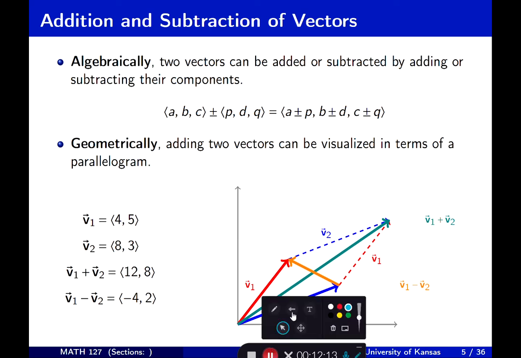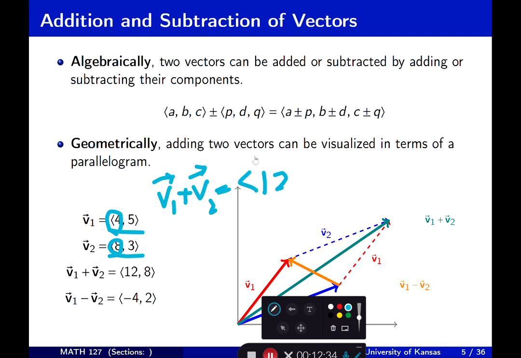What does it mean algebraically? When you have 4 and 5 as the first vector and 8 and 3 as the second vector, addition of the two vectors is just adding 4 and 8 and putting it here, and then for the second component, adding 5 and 3, which is 8.